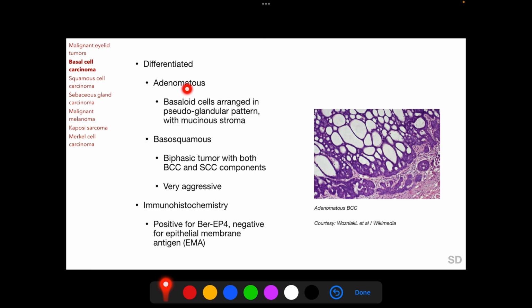In adenomatous BCC, the basaloid cells are arranged in pseudoglandular patterns, and in basosquamous BCC, we get both basal cell carcinoma and squamous cell carcinoma components, and basosquamous lesions are known to be very aggressive. In doubtful situations, immunohistochemistry may help us in identifying the lesion, and basal cell carcinomas are positive for BER-EP4 antigen but negative for epithelial membrane antigen.